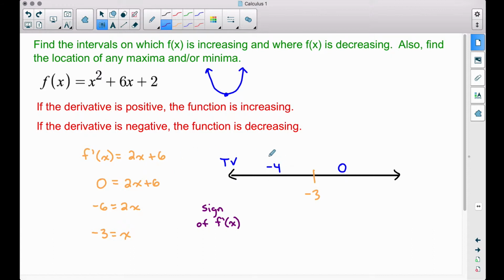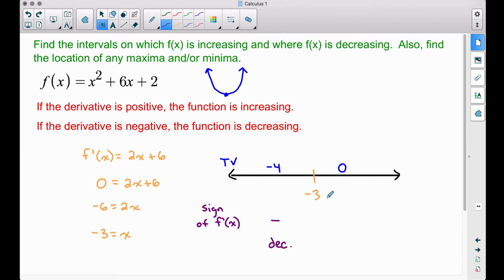Let's test out -4. 2 times -4 is -8, plus 6 gives us -2. So all I care about is the fact that the derivative, when x is -4, is a negative derivative. If the derivative is negative, the function is decreasing. That tells me right off the bat that the function is decreasing on the left side of -3.